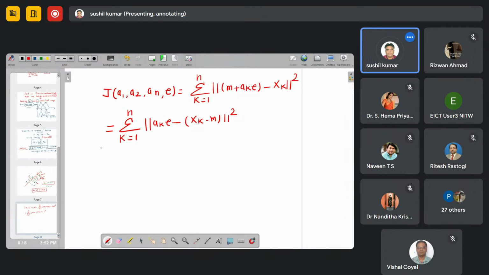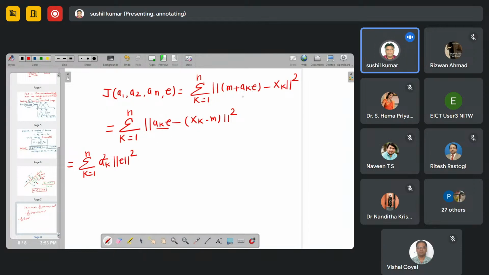Again, I want to rewrite this equation, so I will use the (a plus b) square formula and open this function. Sum for k equal to 1 to n of a_k square, times the norm of e square, for this portion.